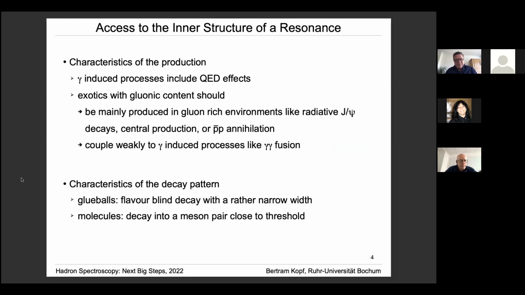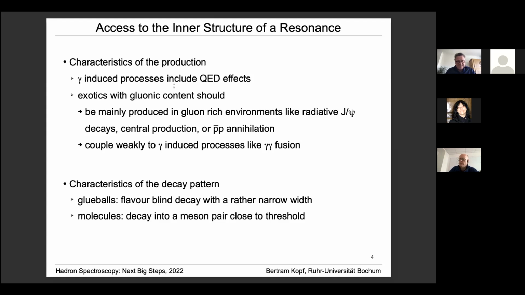So a very important point is the access to the inner structure of these objects. And one important characteristic is, of course, the production mechanism. For example, we have already heard today that gamma-induced processes include QED effects, and therefore the calculation can be done very precisely.